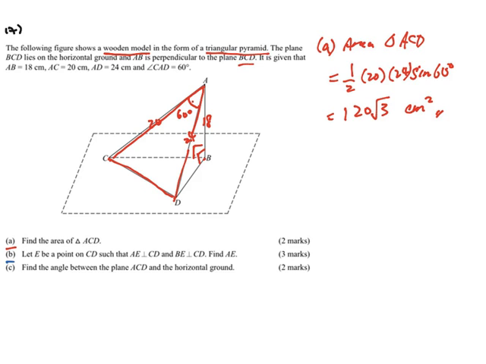Let E be a point on CD such that AE is also perpendicular to CD. We have an E point. This one is perpendicular, and at the same time BE is also perpendicular to CD. That means on the ground it is a right angle. We need to find AE. For this situation, we can find CD first.